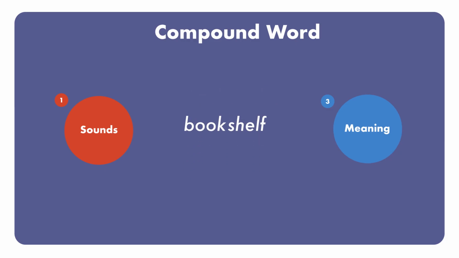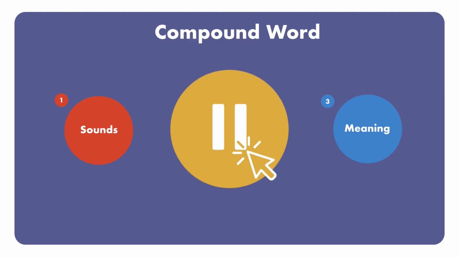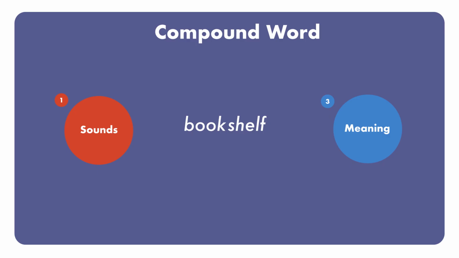Let's use the word bookshelf as an example. Take a moment to write the word bookshelf onto your whiteboard and then explain the strategies you could use to spell this word correctly. Spell the word bookshelf one word at a time.